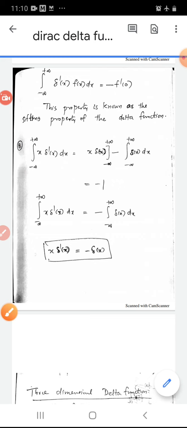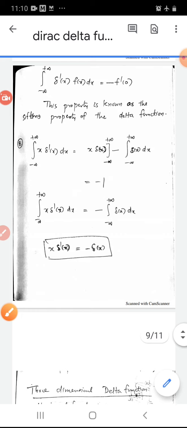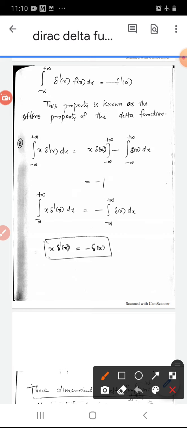Again, by integration by parts, you will have this, what, x delta x from minus infinity to plus infinity, then minus integral minus infinity to plus infinity delta x dx. As we saw earlier, this term is 0. Okay, I need not again say why it is 0. At x equal to plus infinity and minus infinity, delta x is 0.